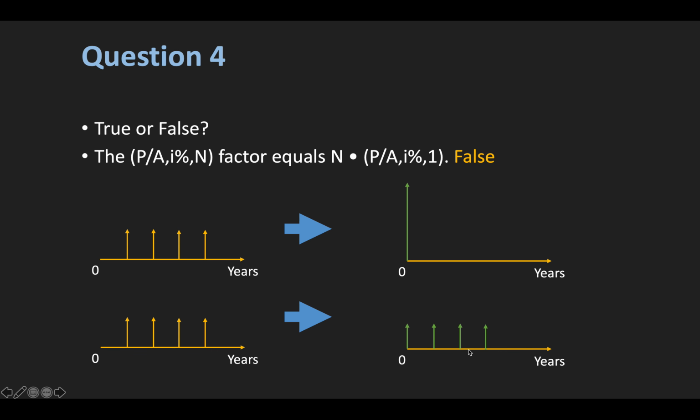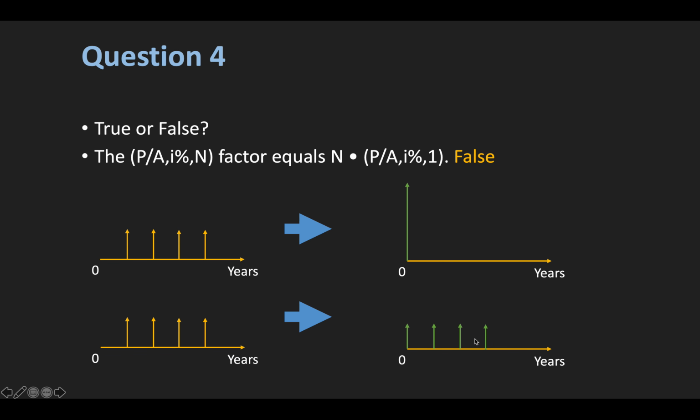And this one means I take 1 and I convert it back 1 year. I converted this back 1 year, and then I multiply by n times. So I can put it here, here, here, here.